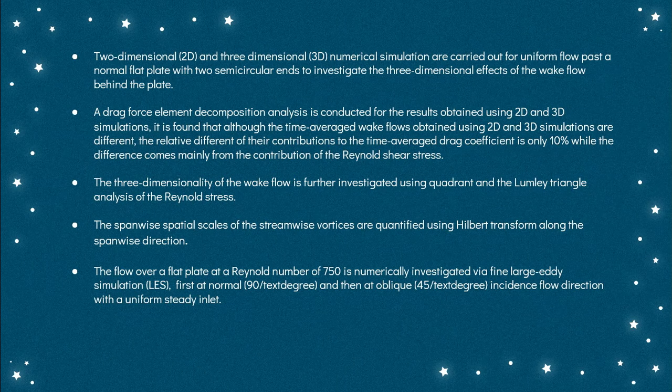The flow over a flat plate at a Reynolds number of 750 is numerically investigated via fine large eddy simulation (LES), first at normal, 90 degree, and then at 45 degree incident flow direction with a uniform steady inlet.